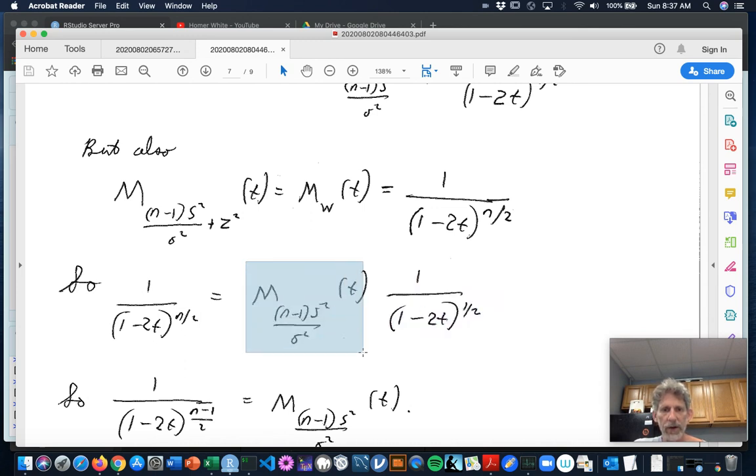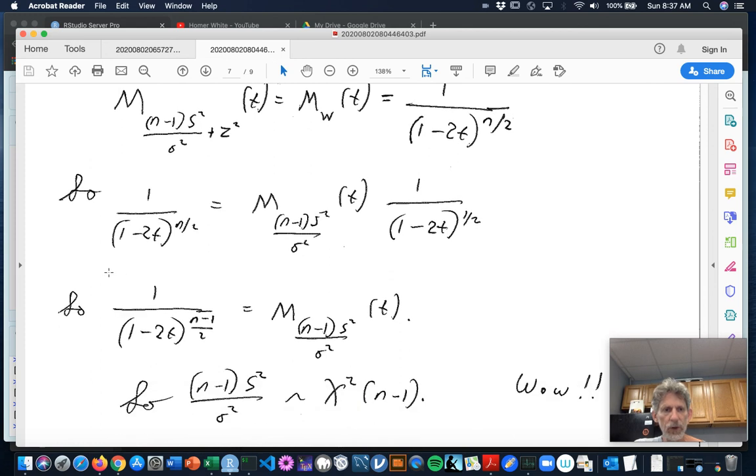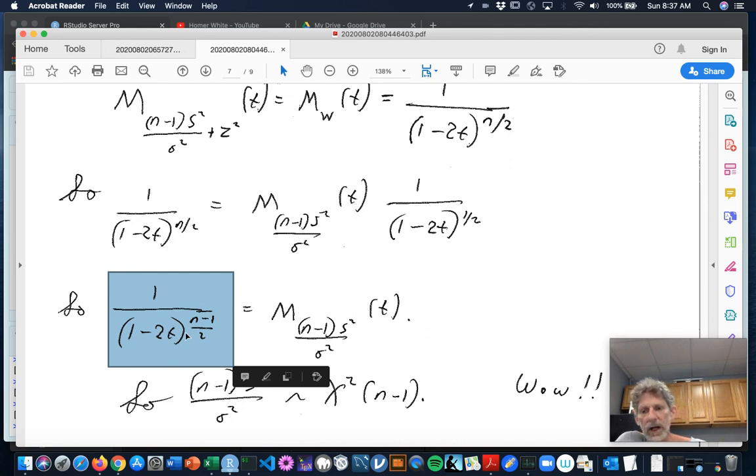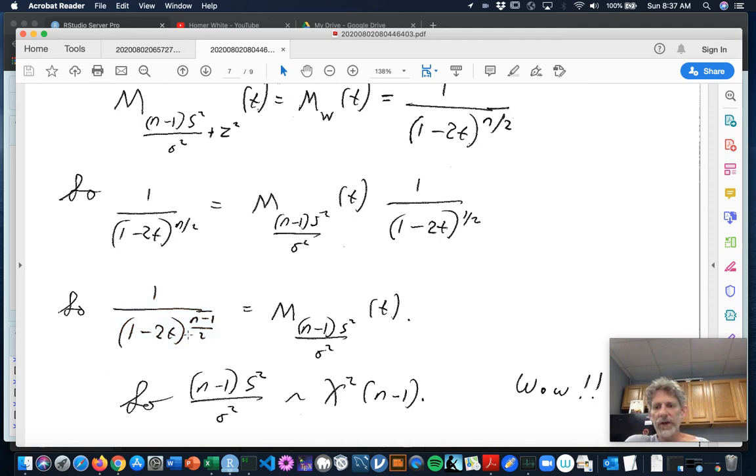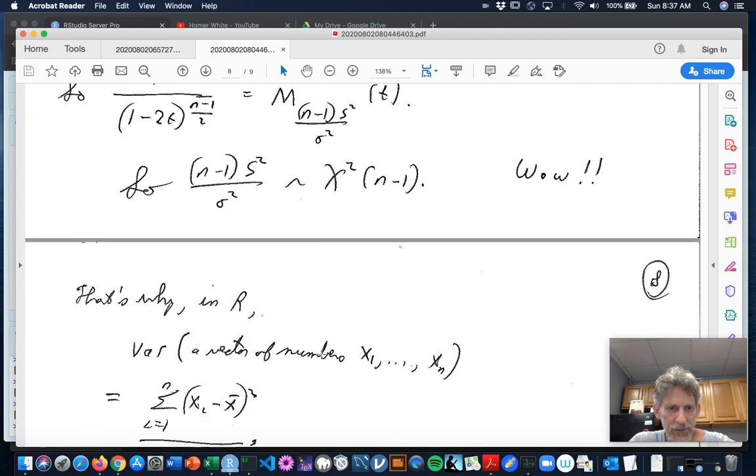Solve for this. You will get this. And when you look at that, that is exactly the form for a chi-square random variable with n minus 1 degrees of freedom. Moment generating function technique strikes again. Phenomenal.